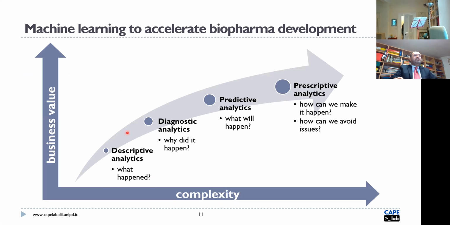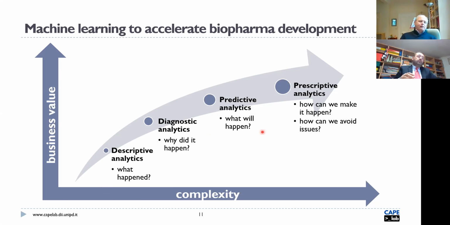Some activities are related to descriptive analytics to understand what happens in our biopharmaceutical process. If we want to increase the business value, we could adopt some diagnostic analytics to understand why those phenomena happen within our process. But if we want the highest business value, we have to increase the complexity of our methodologies and refer to predictive analytics and prescriptive analytics.